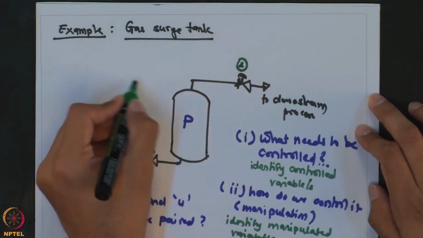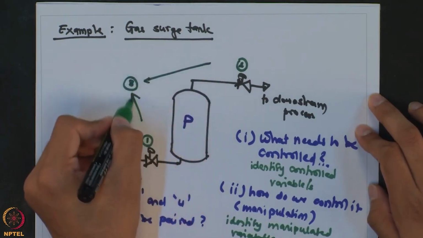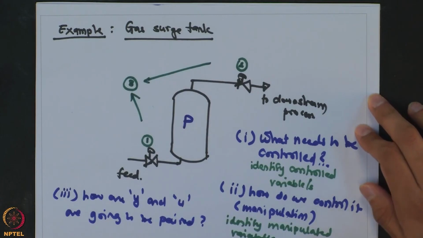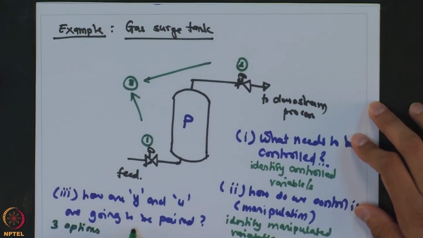And the third option is a combination of the two. You can use both inlet as well as outlet valves to control the pressure. So, when I ask how y and u are going to be paired, there are three options of pairing. One is pressure with feed, another is pressure with outlet, and the third is pressure with feed plus outlet.